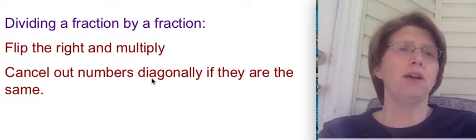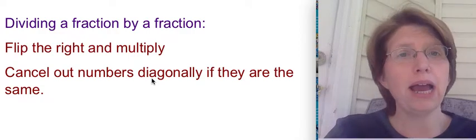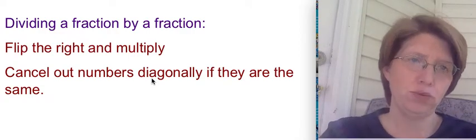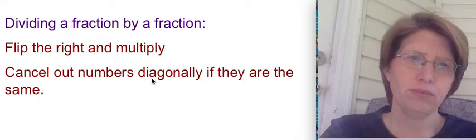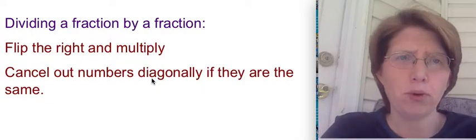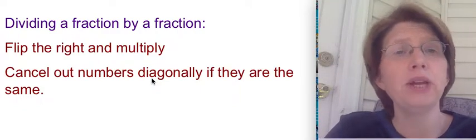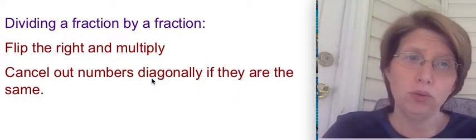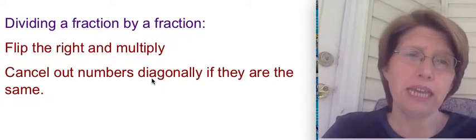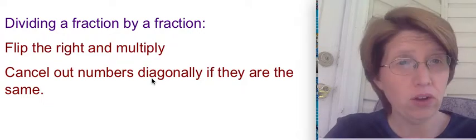Now, does it make sense to multiply by 2 and then divide by 2? What does it do if I multiply a number and then I divide it by that same number? So let's say I had 3 times 2, which would be 6, and then I divide it by 2, which gives me back 3, right?